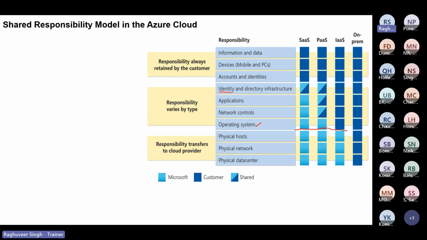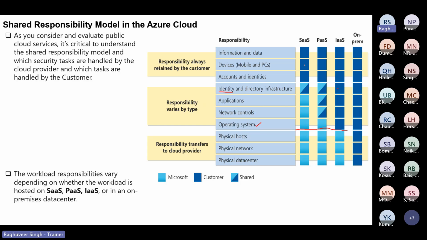It should not happen that you unnecessarily end up creating rules and incidents for a responsibility that rests on Microsoft's shoulders. And vice versa, something that you are responsible for, you assume is Microsoft's responsibility, and then you ignore that event, you ignore that alert. So it is very important for you to understand.